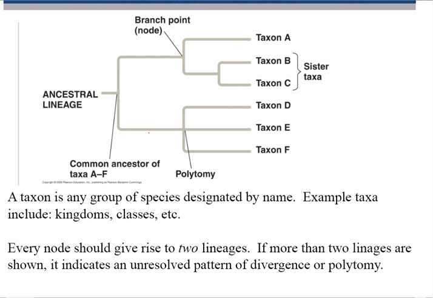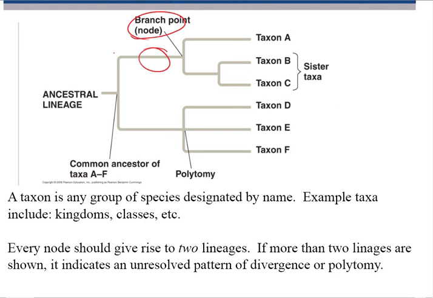Another term to know is node, which is just a fancy word for a branch point. So how do branch points arise? Imagine I have an ancestral population of some organisms, all the same species, living in where that circle represents. They split into two separate groups, maybe migrate to different islands or different parts of a territory, and natural selection treats them differently in those two environments.